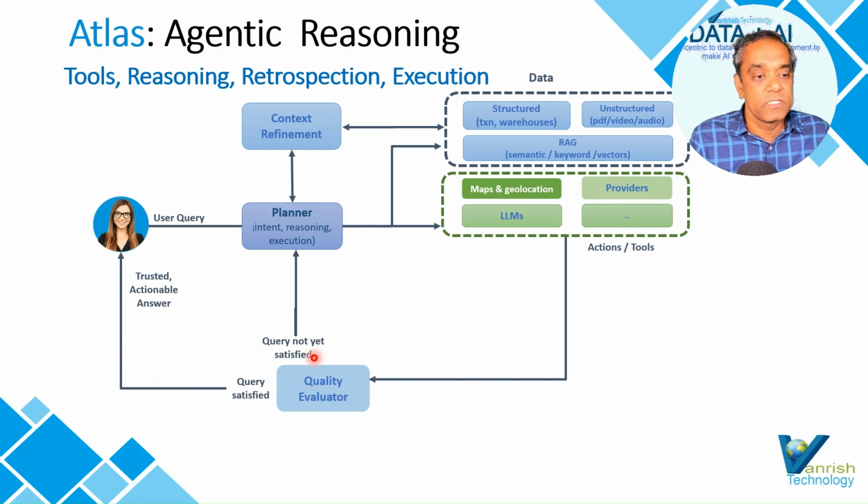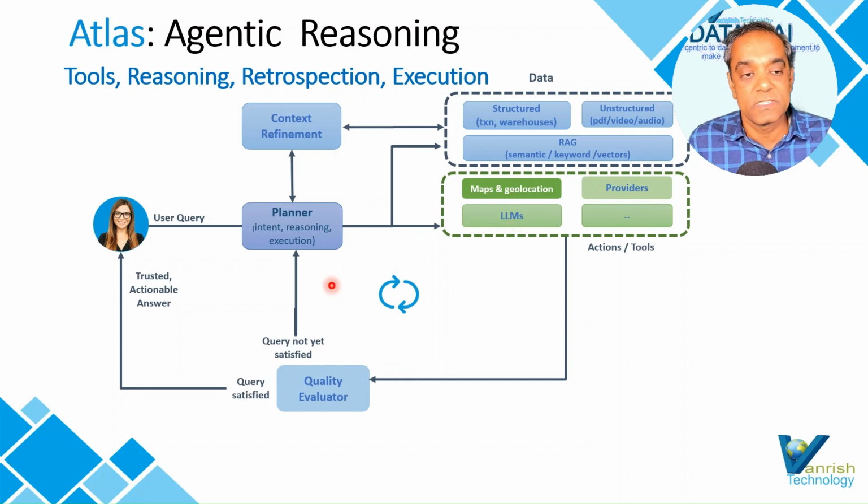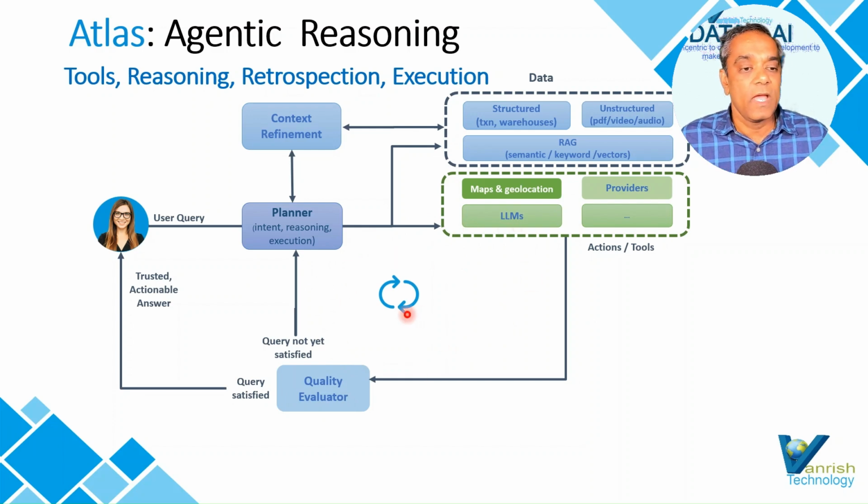If somehow this query is not yet satisfied, it goes back to the planner phase, and the planner again goes to the same context refinement, and based on all the information, goes back to the quality evaluator. So this is the agentic loop where all information is flowing. As soon as it gets the right response, it goes to the user.